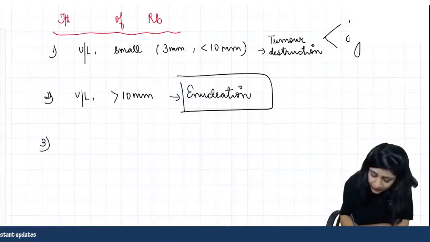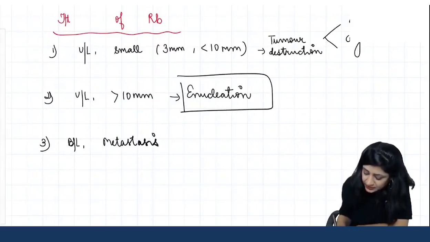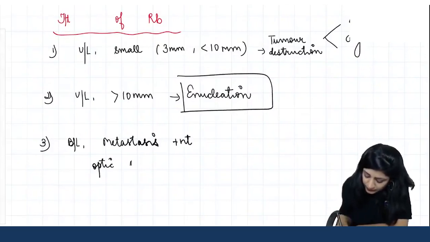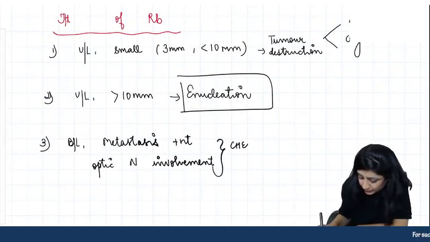And number 3, when I have a bilateral tumor, or we have metastasis, or we have optic nerve involvement. If all these things are there, in that case, go for chemotherapy.